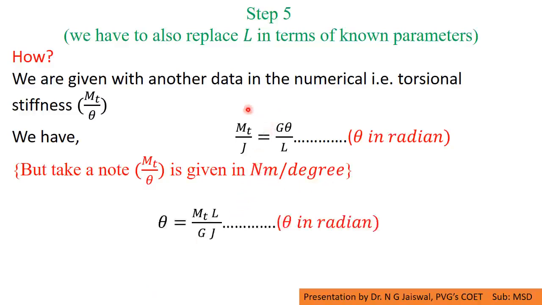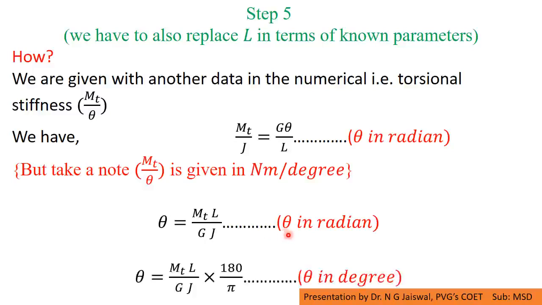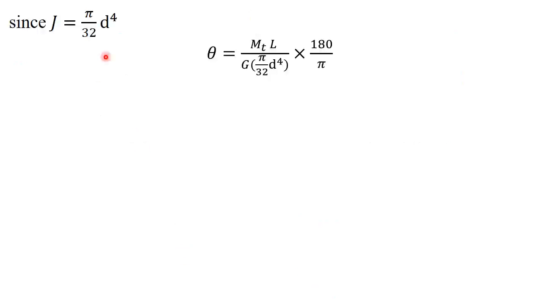Therefore, from this equation, theta is found out as mtl divided by gj, but theta is again in radian. To convert theta to degrees, we will multiply it by 180 by pi. So this becomes theta in degrees now. Since j is equal to pi by 32 d to the power 4, theta is equal to mtl divided by gj, with j replaced by pi by 32 d to the power 4, into 180 by pi.